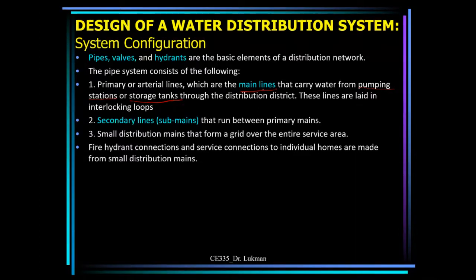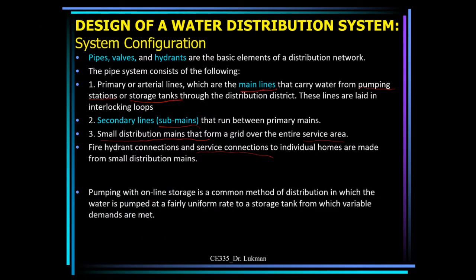So you start with mains or main lines, you come to secondary mains or sub mains, and then you go to the distribution mains, small distribution mains, okay, or service lines. Okay, they are also called service lines, which form the service connections. Okay, service connections to individual houses.